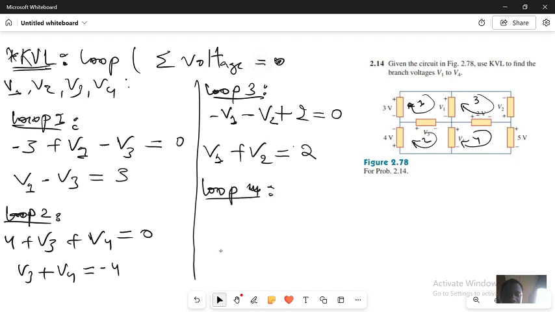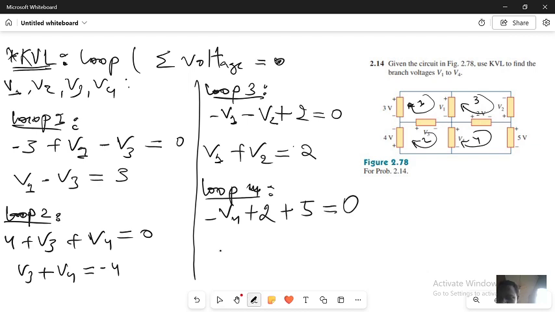Now I come to loop 4. When you come in loop 4, this arrow will come in this side. I will have minus V4. Here is going to be plus 2. Here is going to be plus 5. Plus 5 equal 0.